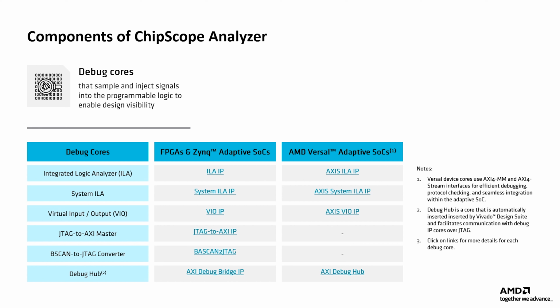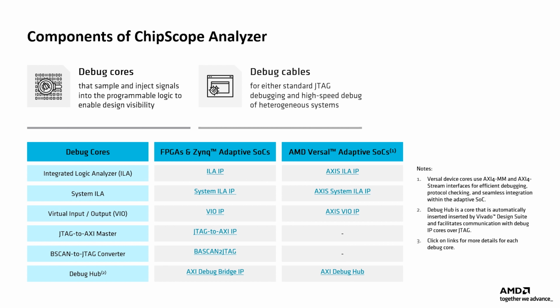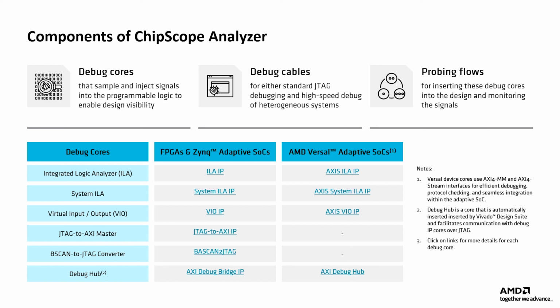These debug cores include the Integrated Logic Analyzer (ILA), System ILA, Virtual Input Output (VIO), JTAG to AXI Master, etc. Debug cables for either standard JTAG debugging and high-speed debug of heterogeneous systems. Probing flows for inserting these debug cores into the design and monitoring the signals marked for debug. These include the HDL instantiation and netlist insertion flows.